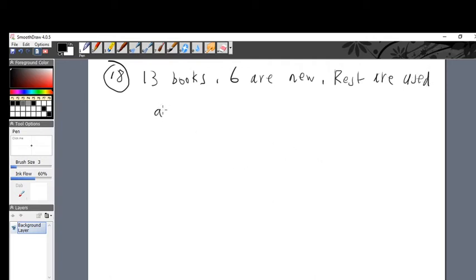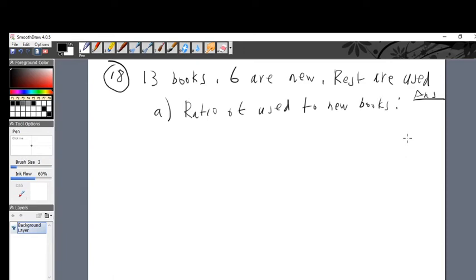Question A. What's the ratio? It's directly telling you that it's a ratio problem. Ratio of used to new. Answer in this column right here.